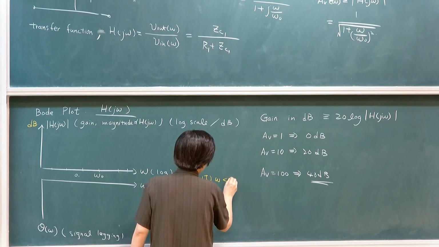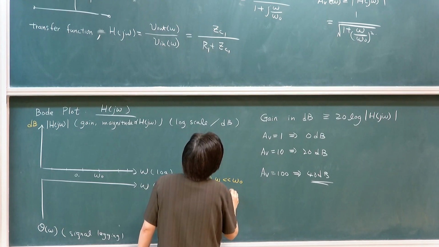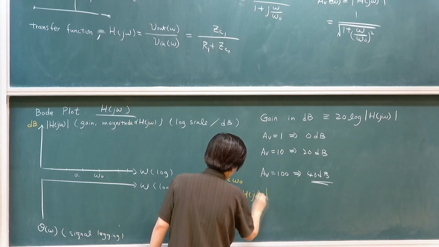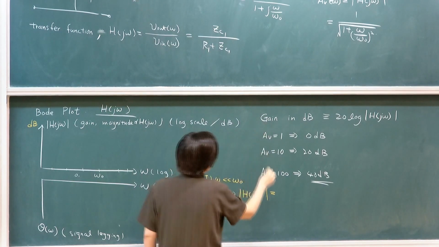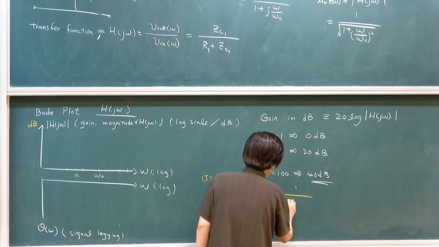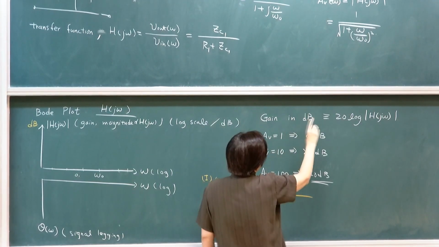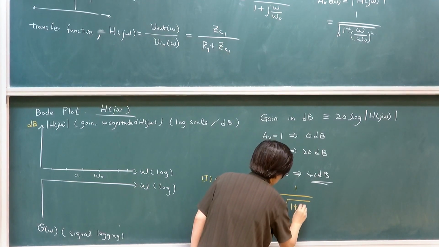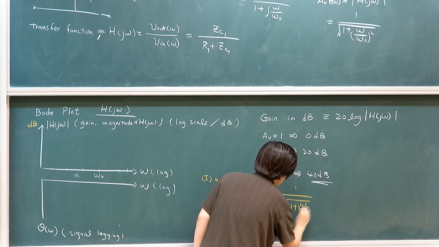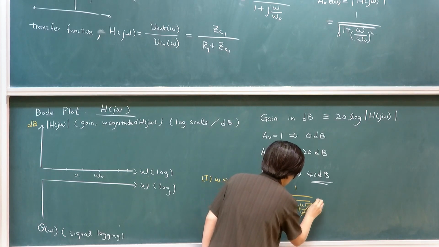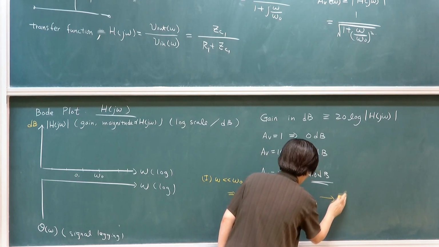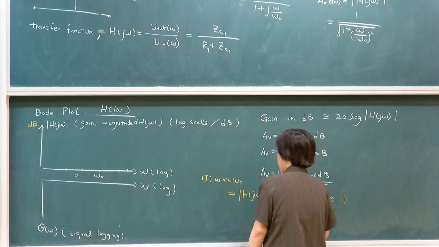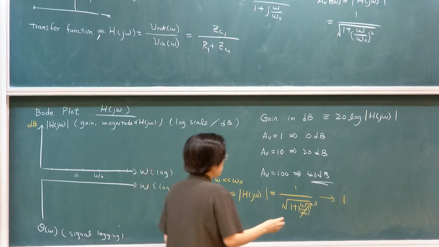When frequency is much, much smaller than omega 0, this transfer function will equal 1, because this term is much smaller than 1, so you can simply ignore it. So again, at very low frequency it should approach 1.